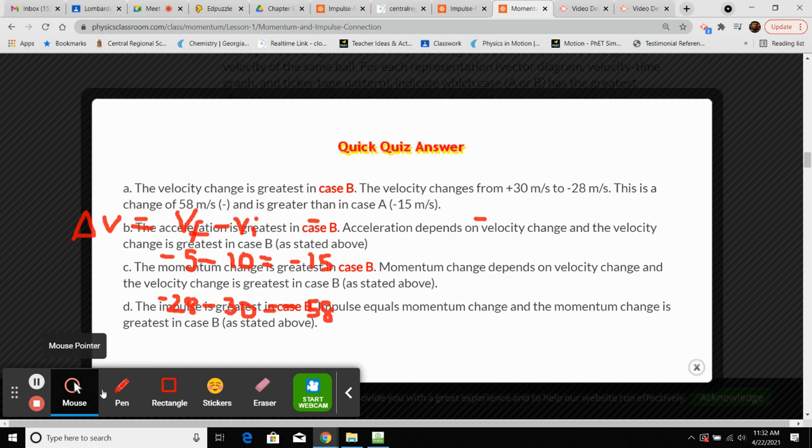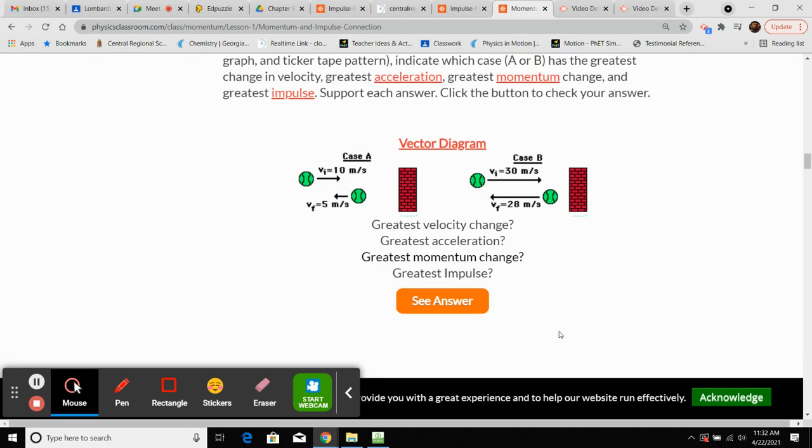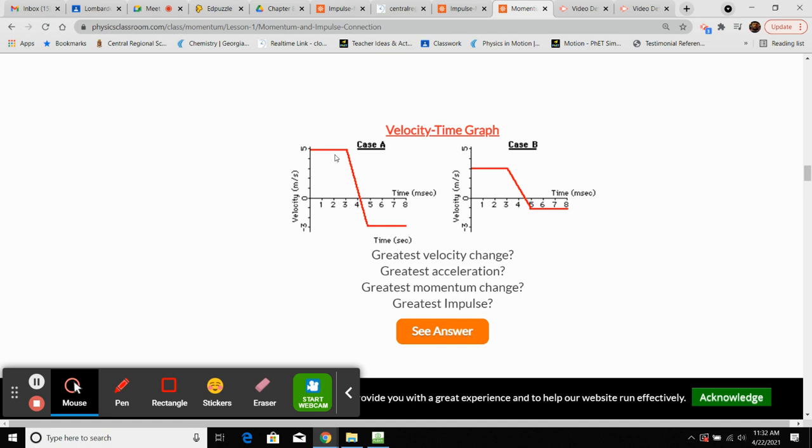All right, so they have all of that stuff here for us, so an explanation. This website does a good job of giving us some breakdowns here. Looking at this velocity time graph, this is a speed time graph. So this one up here is at 5. And he goes down to what speed? A negative 3. So how much did he change his speed or velocity by? 8, right?